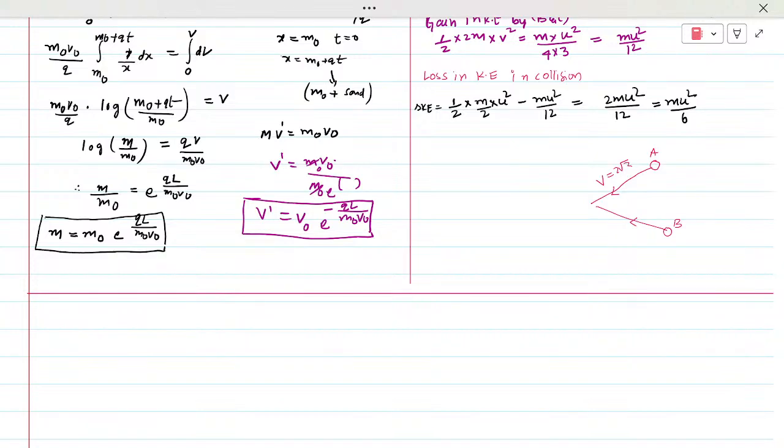Both are coming with the same velocity. And here the angle is 60 degrees.